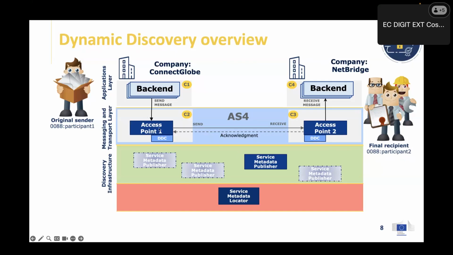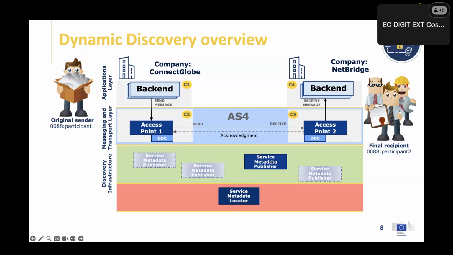And access point 1, based on this information, will discover the details of the access point which is used by the final recipient, participant 2. It will discover it via two components. The service metadata locator, which wrote previously the details of the participant in DNS. So it will contact the DNS, and from DNS will get the URL of the SMP, the service metadata publisher.